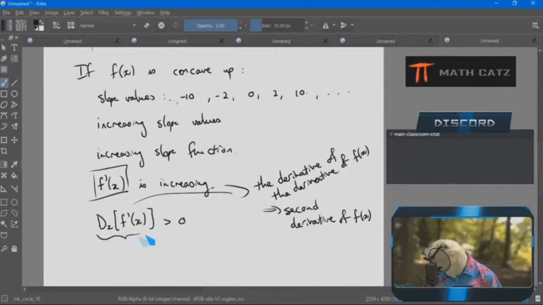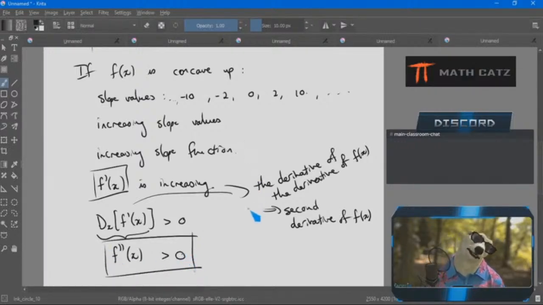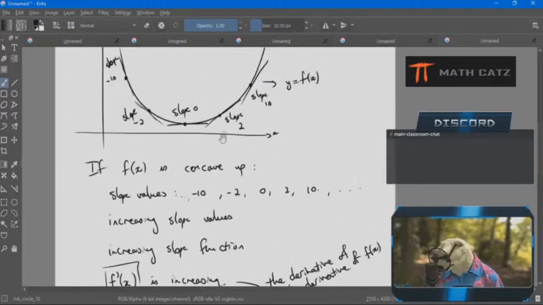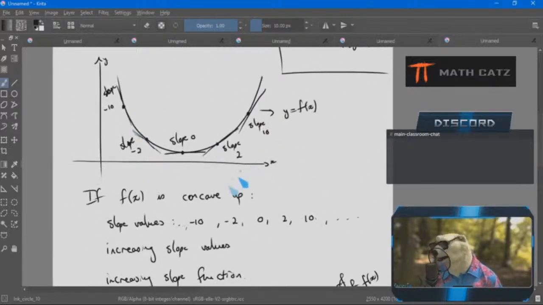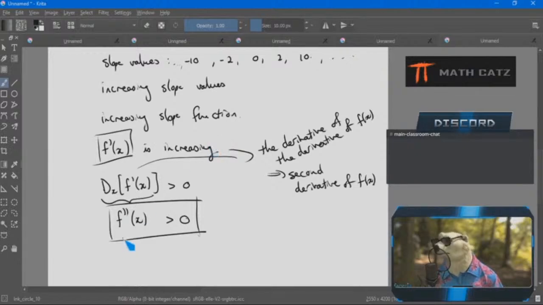For short, we're just going to write this as f double prime. And that is going to be what we have to look at. Now I can do a very similar thing for concave down. If I'm concave down, my slope values will be decreasing, and my second derivative has to be negative.